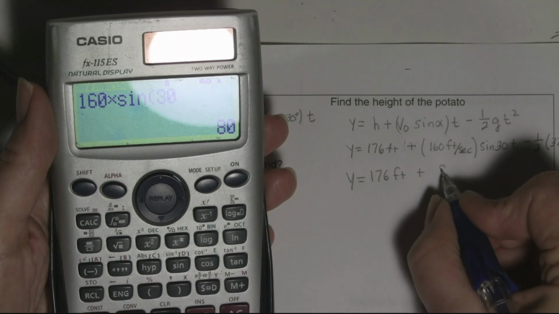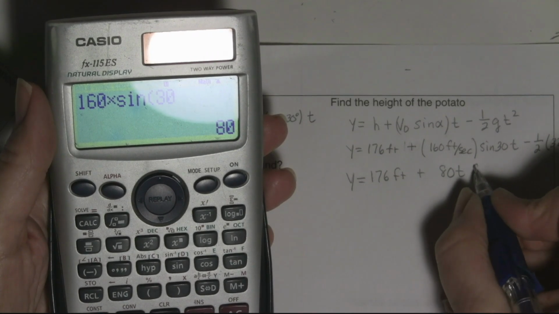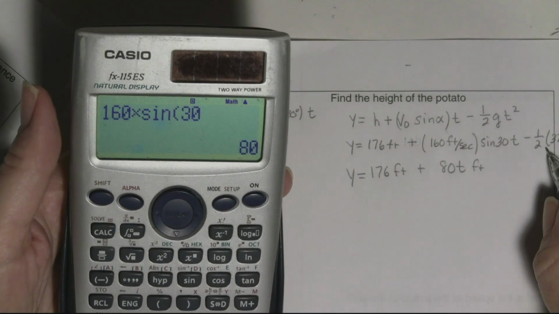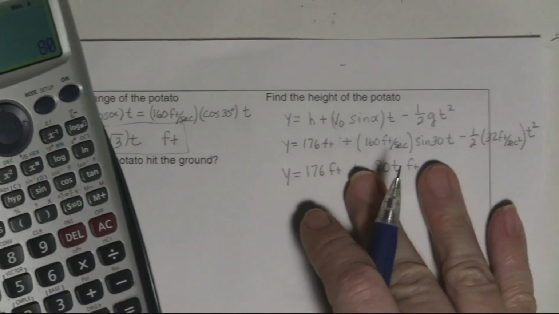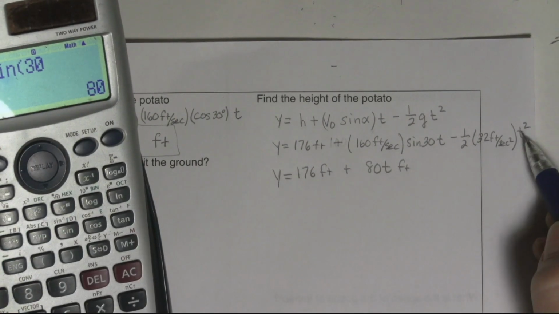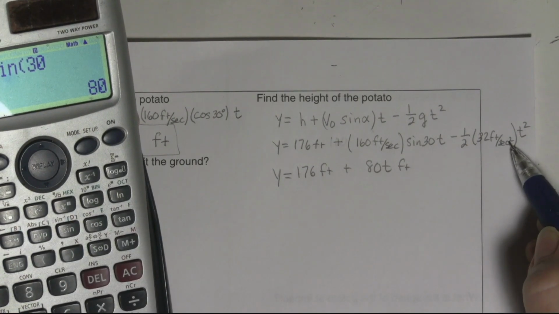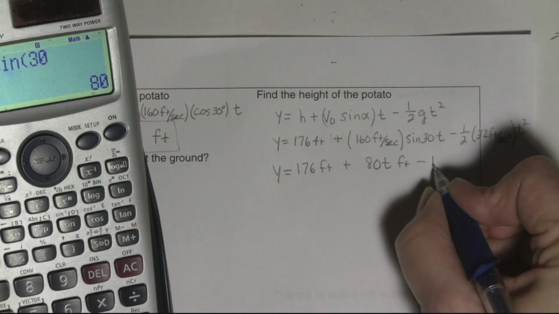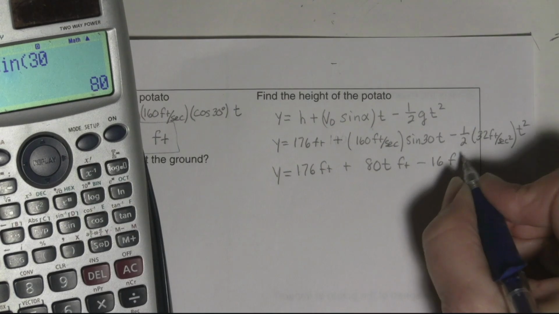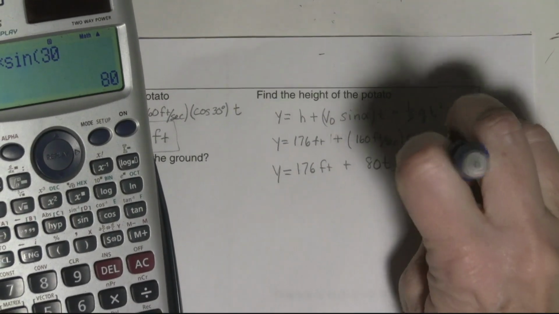So this will be 80 t, and that'll also be in feet. And then here, we're going to have half of 32. Half of 32 is 16. Time squared is in seconds squared. So that will also be just in feet. So this will be minus 16 t squared feet.